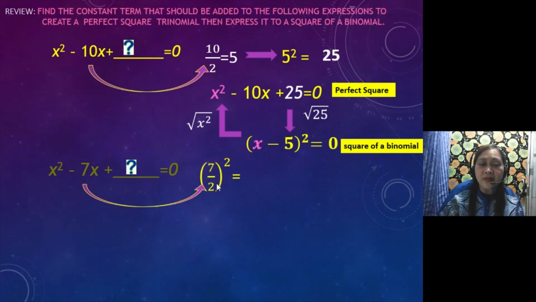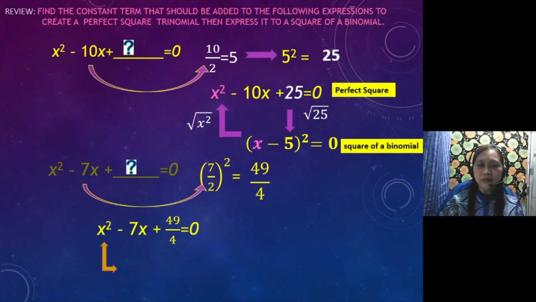Just square it directly. So what is the square of 7? That is 49. And what is the square of 2? That is 4. So, therefore, our perfect square trinomial is x squared minus 7x plus 49 over 4 is equal to 0.